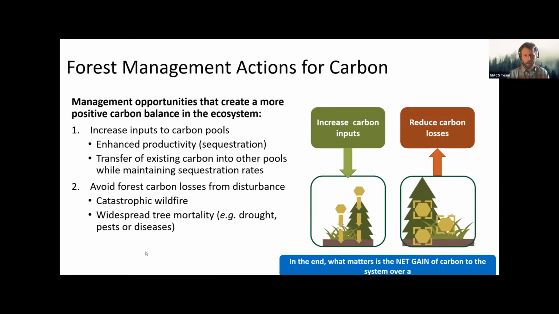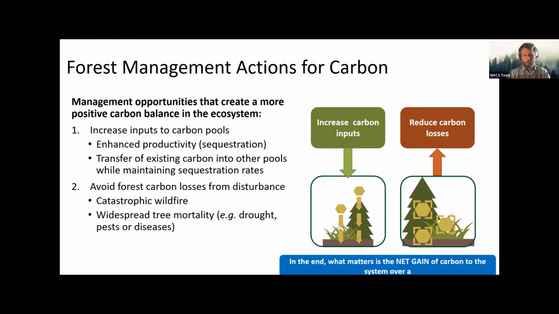But we can think about these increasing inputs in a couple of different ways: increasing productivity, through photosynthesis, as well as thinking holistically about the carbon dynamics and flow of carbon through the ecosystem. We can also be thinking about inputs to other specific carbon pools.